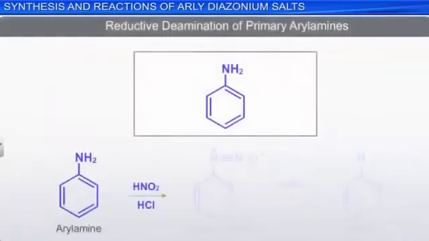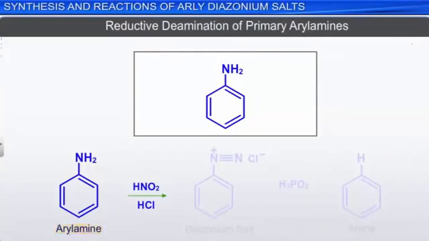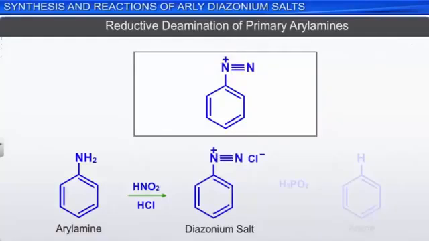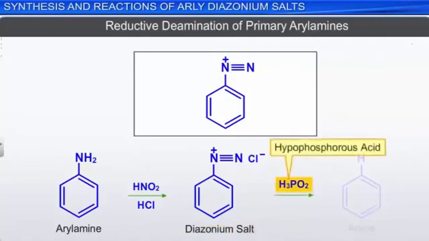Reductive deamination of primary aryl amines replaces the amino substituent by hydrogen using a diazonium salt as an intermediate. When the diazonium salt is treated with a mild reducing agent such as hypophosphorus acid, sometimes known as phosphinic acid, the diazonium ion is reduced to an arene.